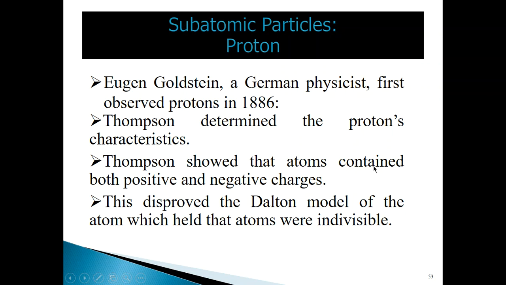And this is what led to the destruction of at least one aspect of the Dalton model, because remember Dalton said that the atoms were indivisible. Well, based on the accumulation of all these different types of evidence, we now know that that is not the case. We know that the atom is actually made up of these fundamental particles, the protons and the neutrons.